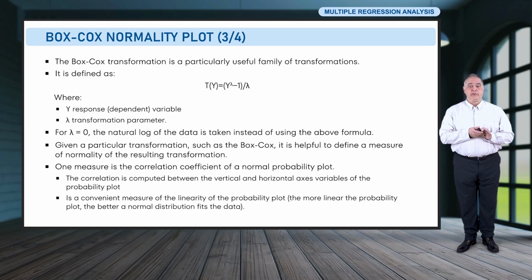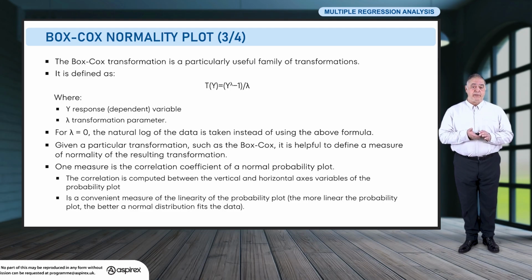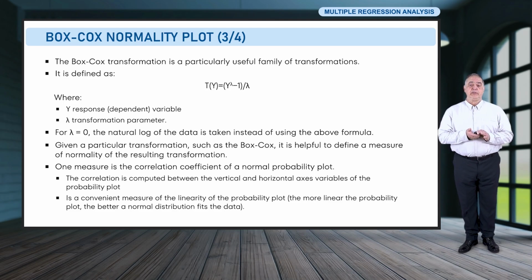One such measure is the correlation coefficient of a normal probability plot. So the correlation is computed between the vertical and the horizontal axis variables of the probability plot, and it is a convenient measure of the linearity of the probability plot. The more linear the probability plot, the better a normal distribution fits the data set.